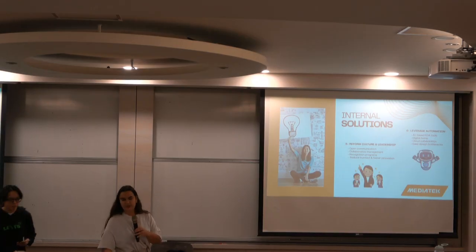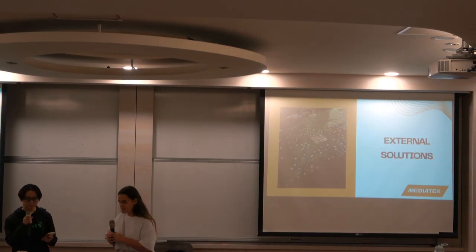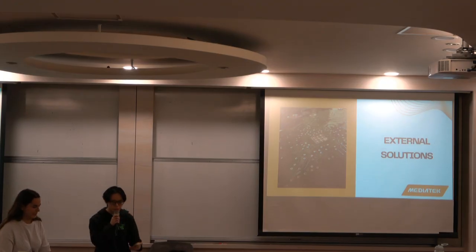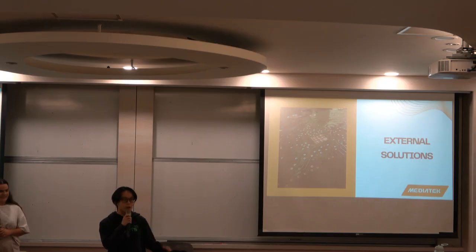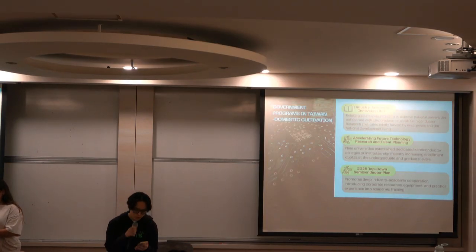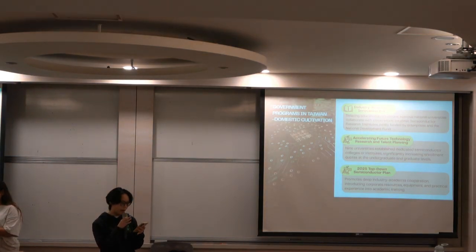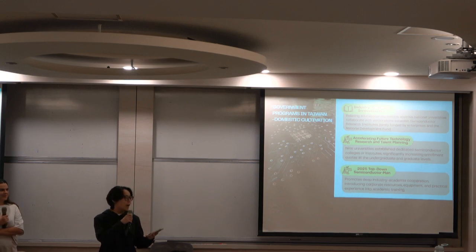So now let's talk about external solutions. An external solution refers to how the Taiwanese government acts to solve this kind of talent shortage question. So first, we can look at Taiwanese government actions for cultivating domestic talents.